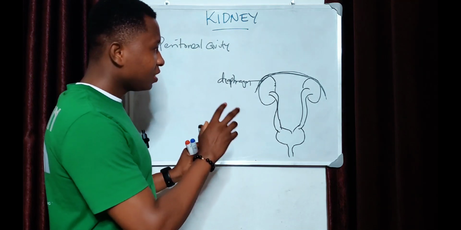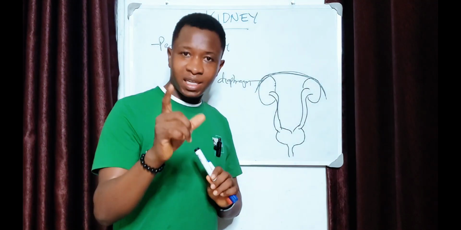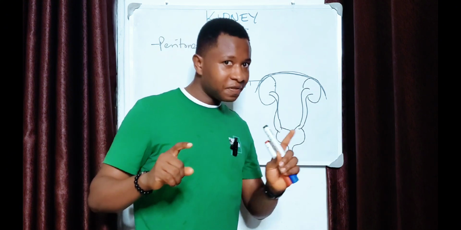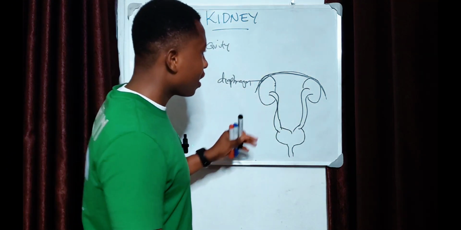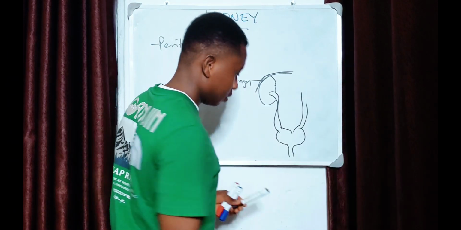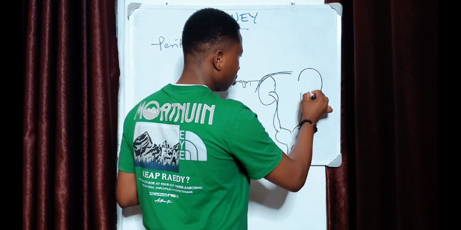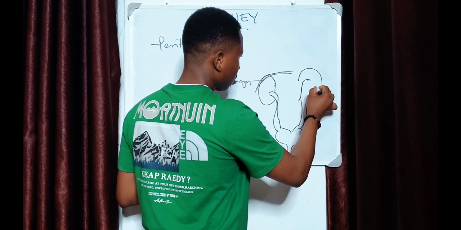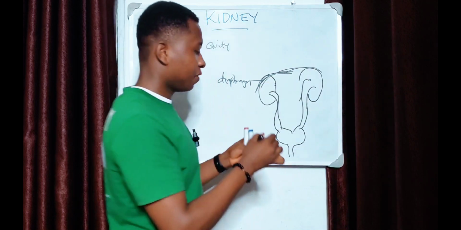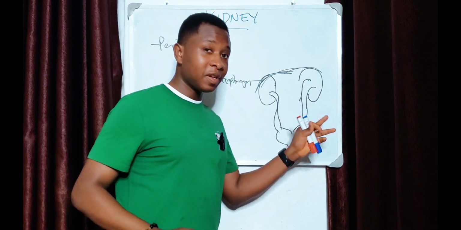All right, so having said that, it's also important to note that the right kidney is slightly lower than the left kidney. So if this diagram should be correct, we would have a structure like this. The right is slightly lower than the left, and I will tell you why.